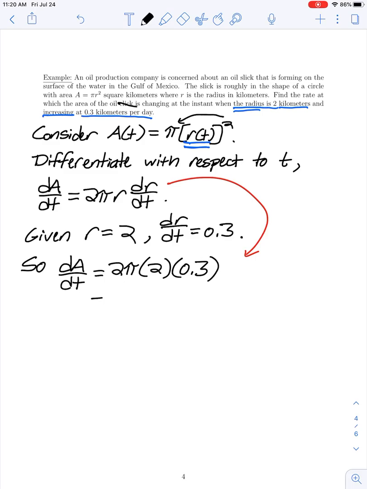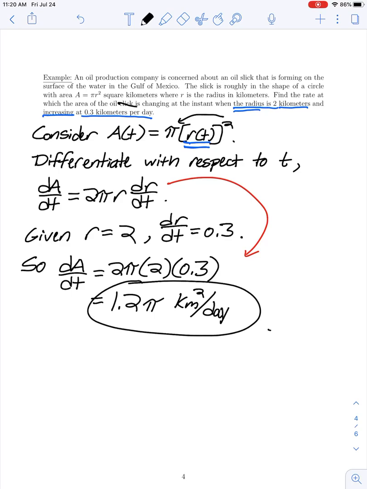So here we're left with 4 pi times 0.3, which would be 1.2 pi. And let's think about our unit for measurement. So here the radius was measured in kilometers, so the area would then be square kilometers, or kilometers squared, per unit of time, which in the problem was measured in days.